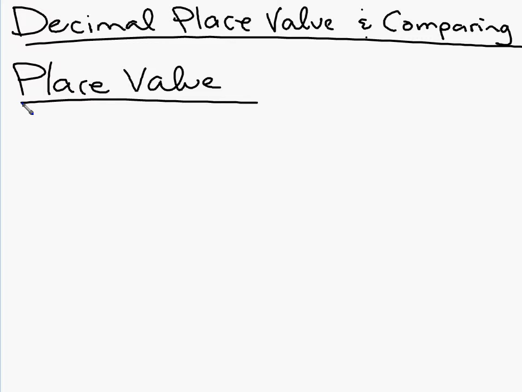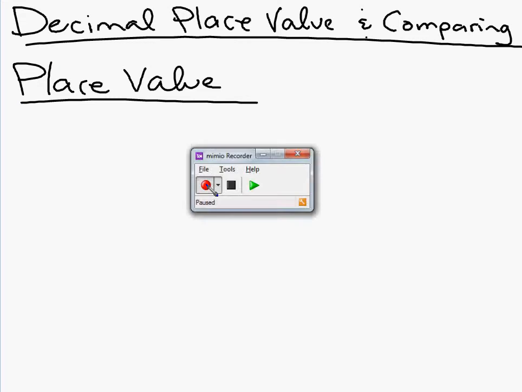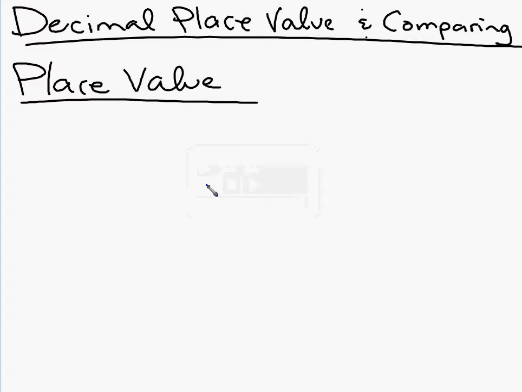Okay, so if we have this number, 27.8624. Now I wrote that big and spaced it out because we're going to write some things below it. I need to know what these place values are. The 8 is tenths.